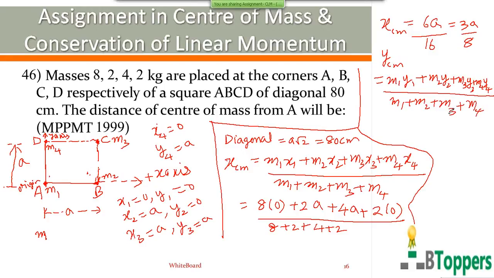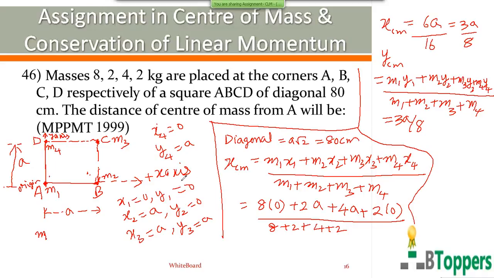Substitute these values: M1 equal to 8 kg, M2 equal to 2 kg, M3 equal to 4 kg, M4 equal to 2 kg, y1 equal to 0, y2 equal to 0, y3 equal to a, and y4 equal to a. Substitute and simplify it yourself. If you want, you can take a pause and complete the simplification. You are supposed to get the y coordinate of the center of mass also equal to 3a by 8.